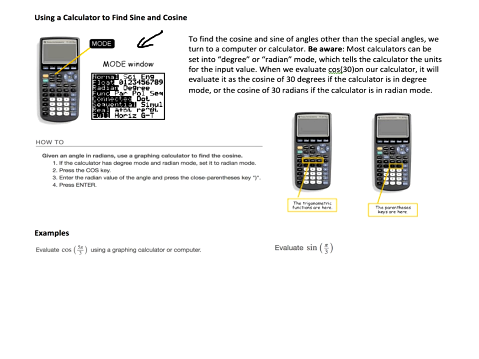So that's what this top picture here is. When you click that mode button on your calculator, it's going to bring up this screen. If you arrow down a couple spaces, that'll bring you to the ability to toggle between radian or degree. So both of these problems at the bottom are given to us in radian.